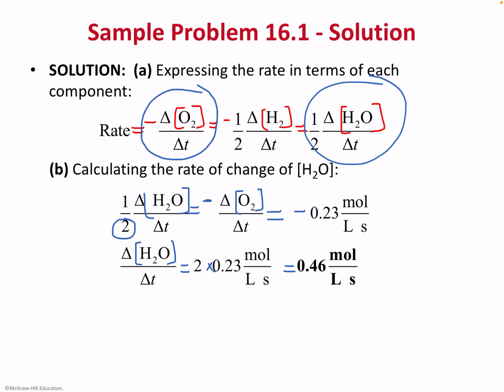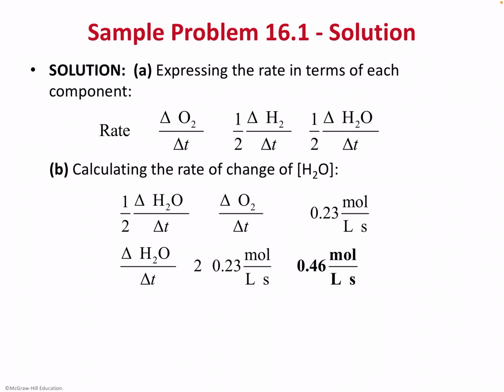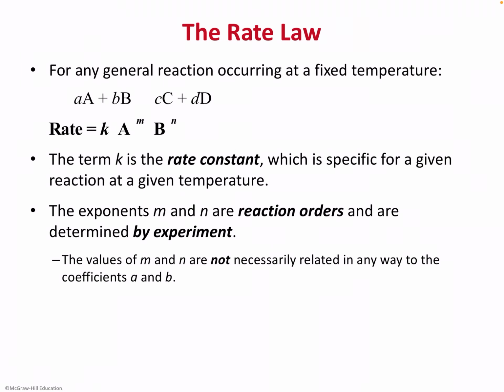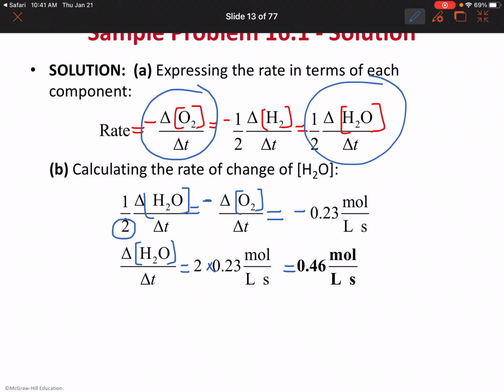Here the oxygen concentration change is negative because it's decreasing, and we also have this negative part. So these two negatives become positive. That's how you get the positive answer at the end.